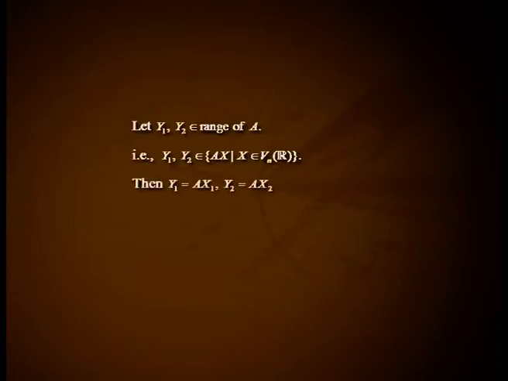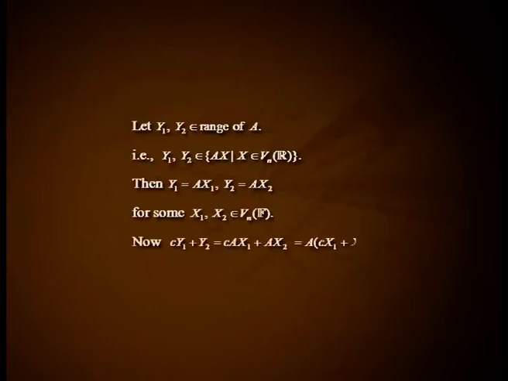Theorem 5. The range of an m by n matrix A is a subspace of VmR. Proof. Let y1, y2 belong to the range of A. That is, y1, y2 belong to the set of Ax such that x belongs to VnR. Then y1 = Ax1, y2 = Ax2 for some x1, x2 belonging to VnR.